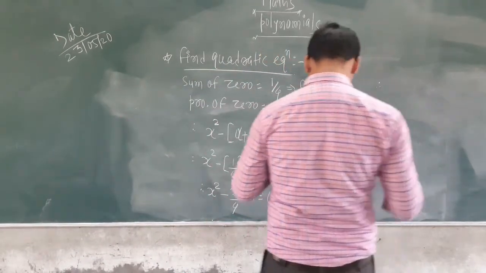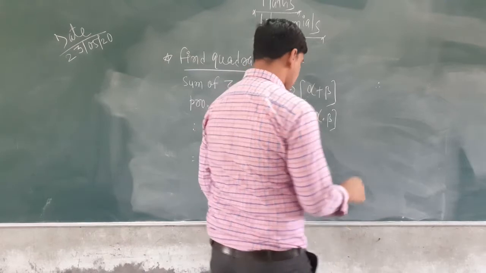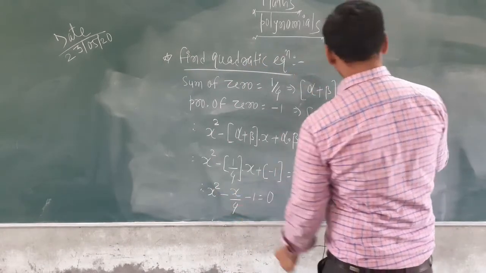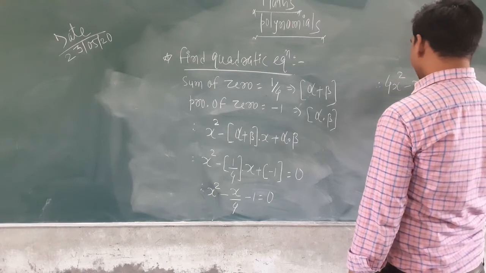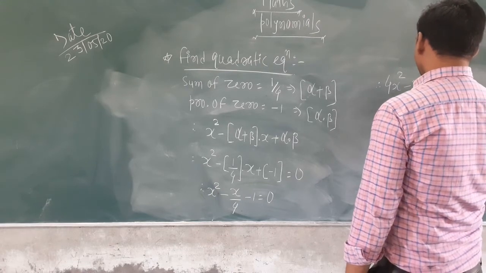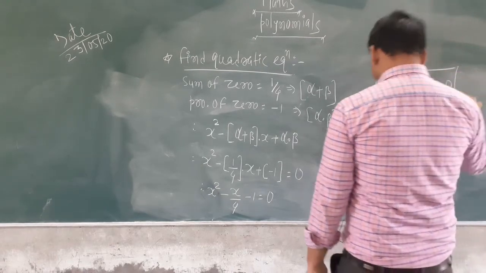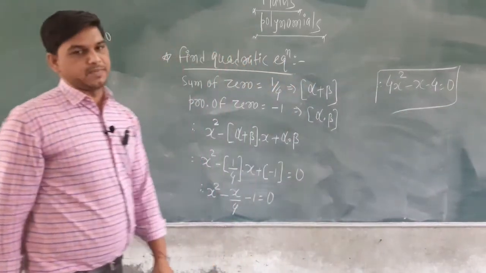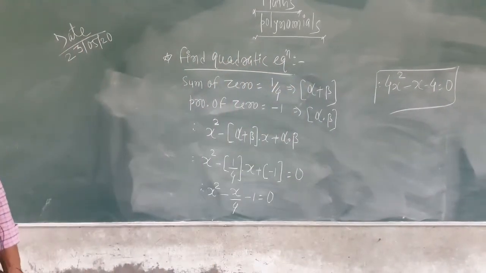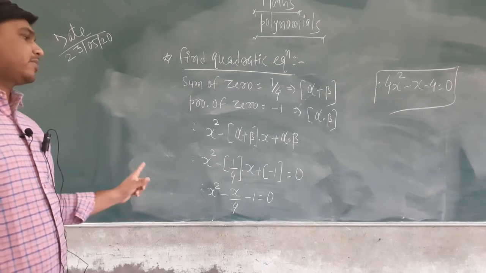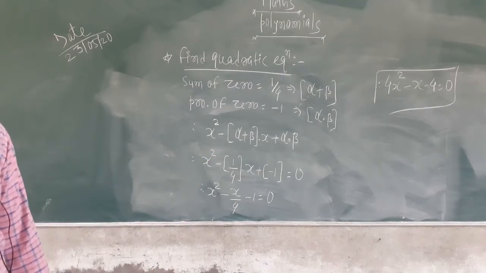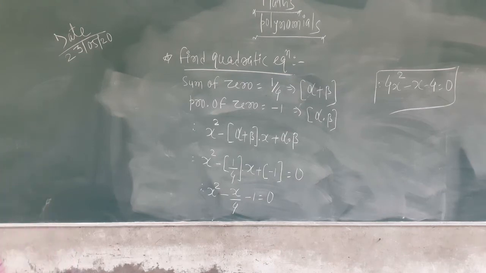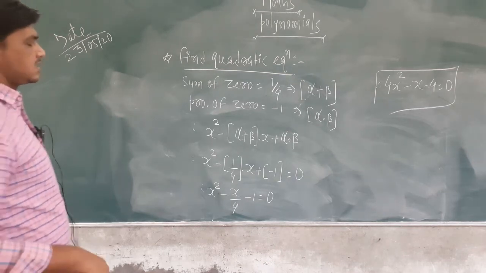So the quadratic equation is 4x square minus x minus 4 equal to 0. That is your standard quadratic equation. To find the quadratic equation when the sum of zeros and product of zeros is given, you have to use this formula. Okay.